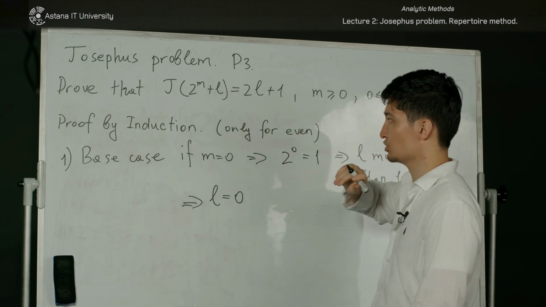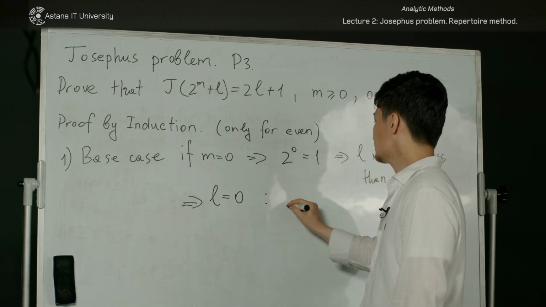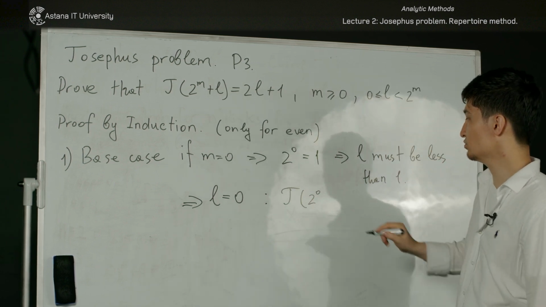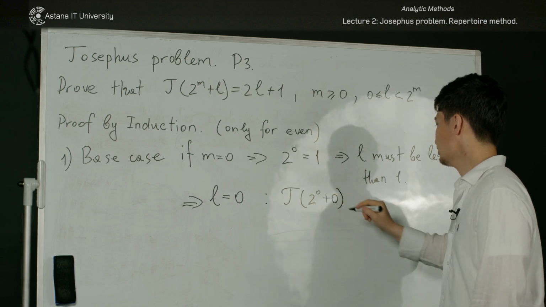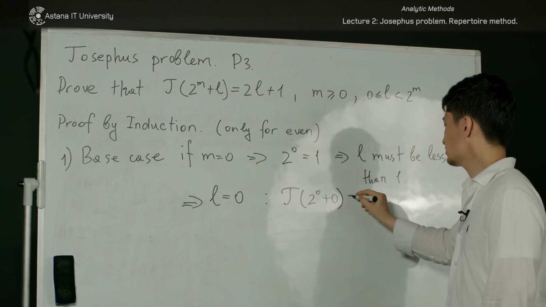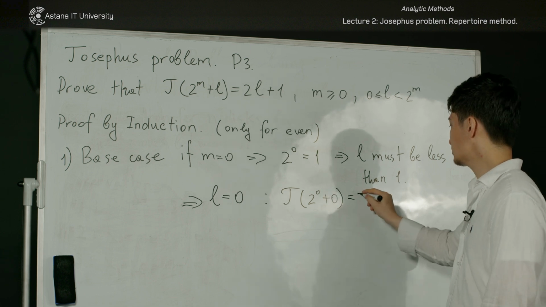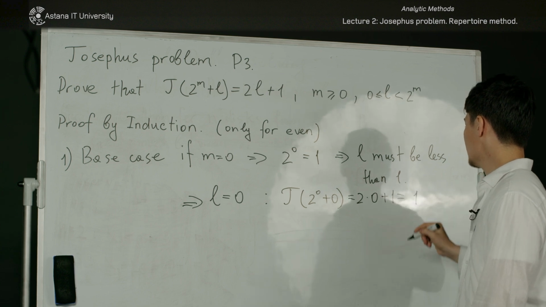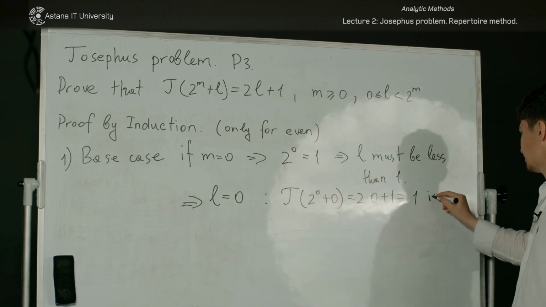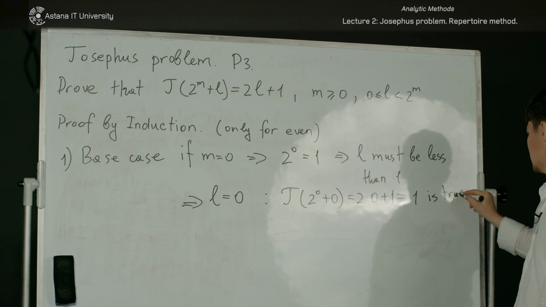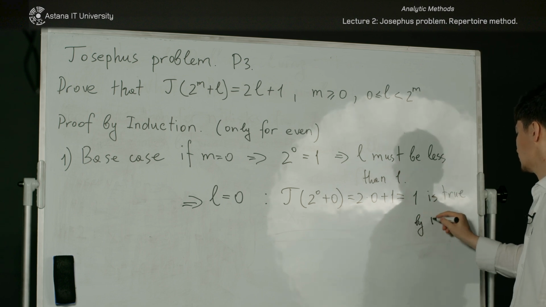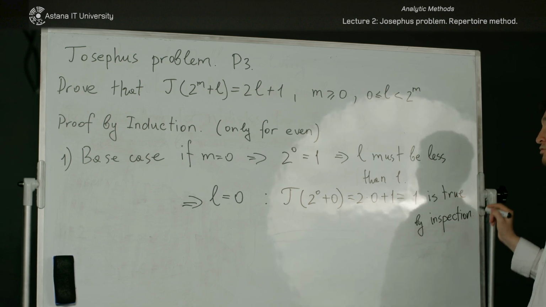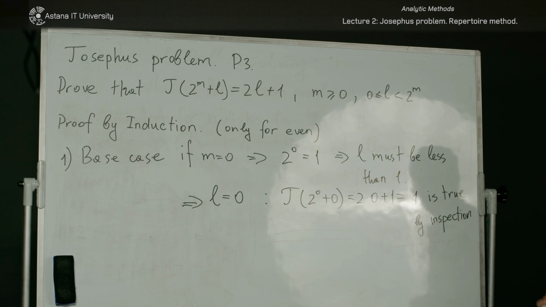Then I'm going to check this formula, right? So J of 2 to the power of 0 plus 0 will give us 2 times 0 plus 1, which is equal to 1, and which is true by inspection. By inspection, because we can verify it manually, right?